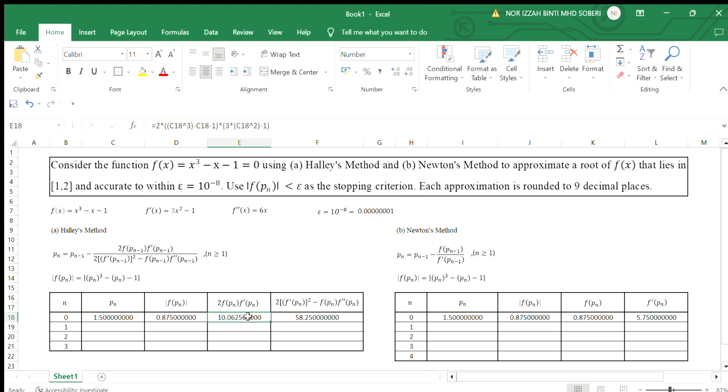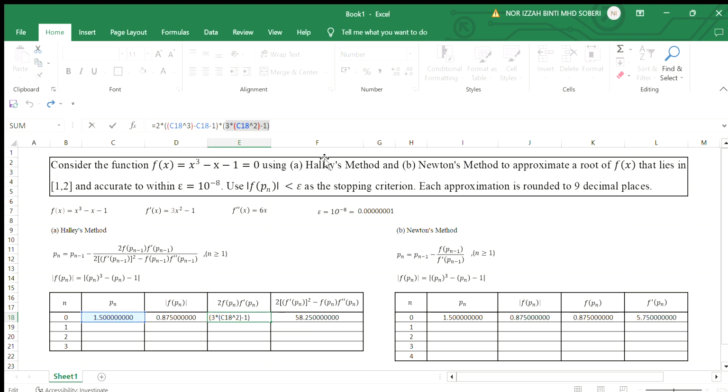Our f(Pn) is from function f(x), and f prime(Pn) is from f prime x, which is 3x squared minus 1, so 3Pn squared minus 1.